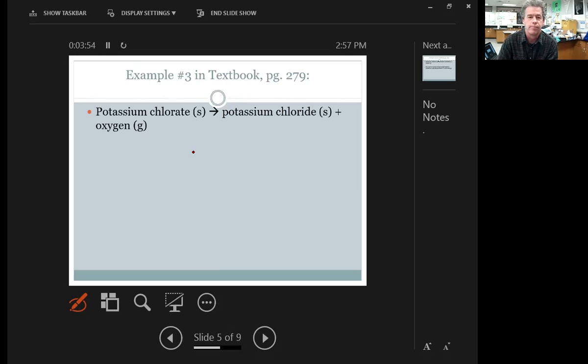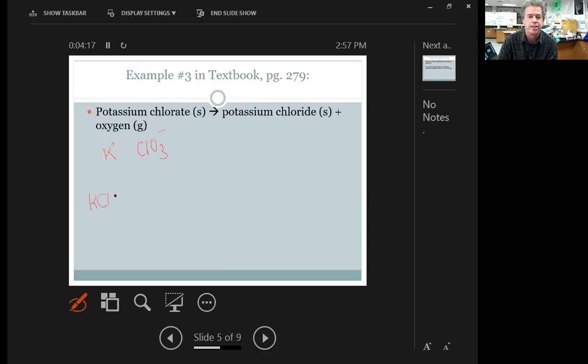Another one is shown here. Potassium chlorate. So K is potassium. Now we have to do a little bit of thinking here, because K is a plus ion. This is an ionic compound. Chlorate is ClO3, and it's minus. So those are equal and opposite, so they're balanced.